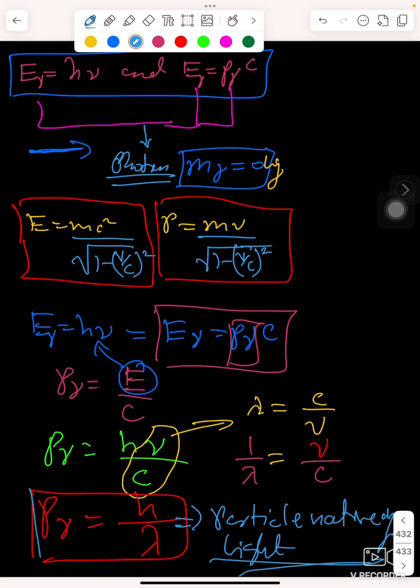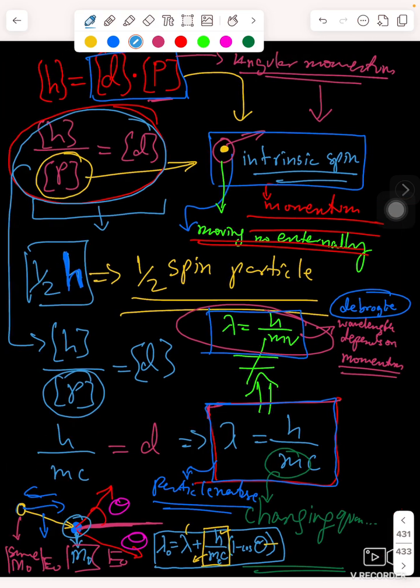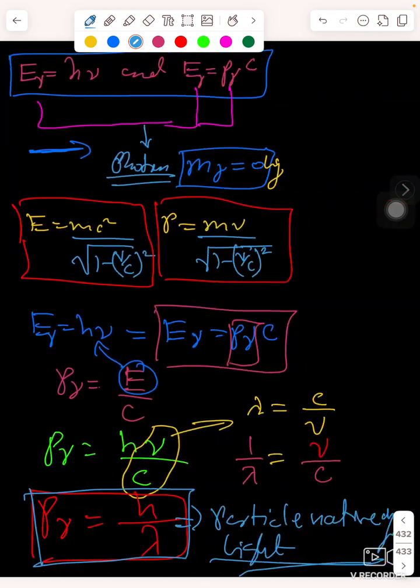And this is the de Broglie equation, the correct de Broglie equation, which is not the same as the Compton wavelength equation, because the Compton wavelength equation is fully dependent on the mass of the particle, whereas the de Broglie equation depends on the momentum of the particle.